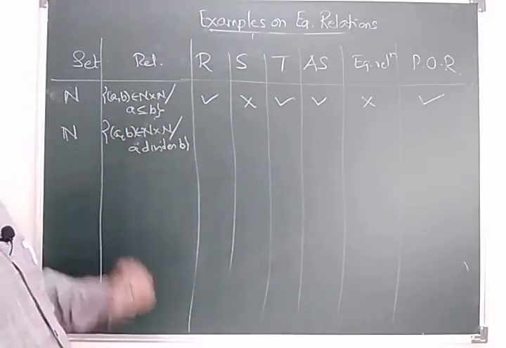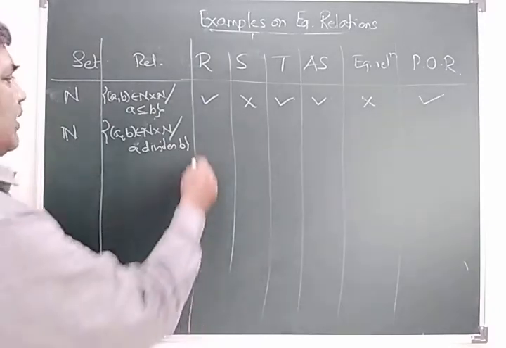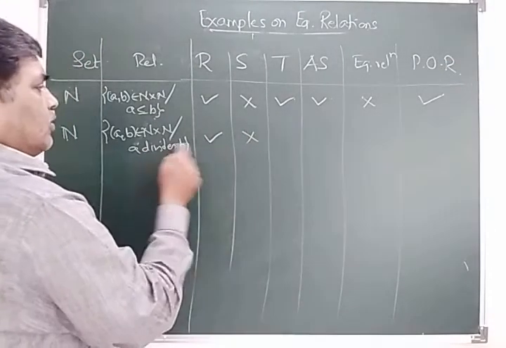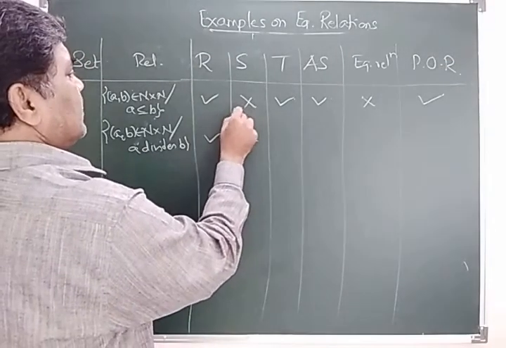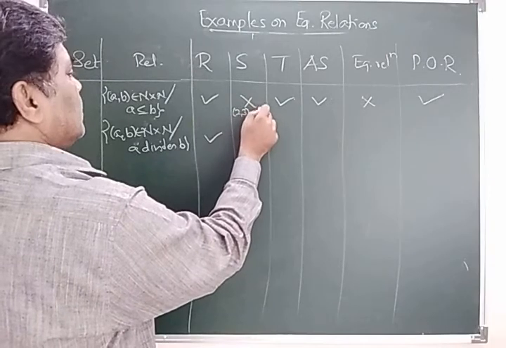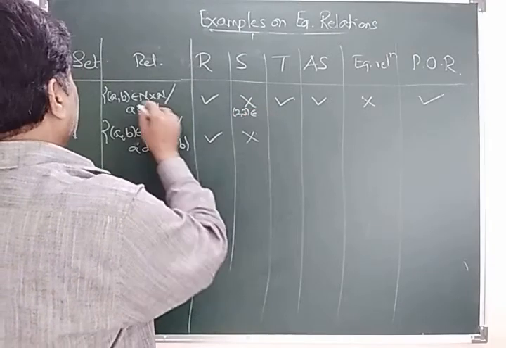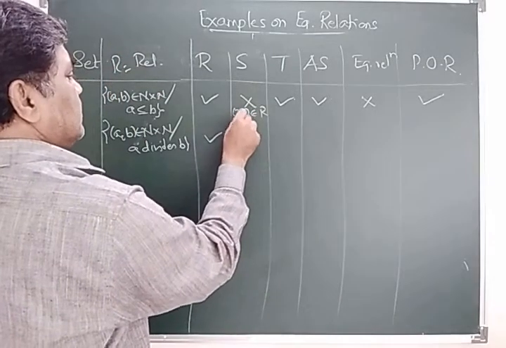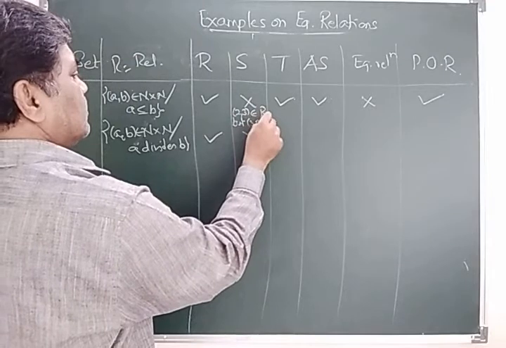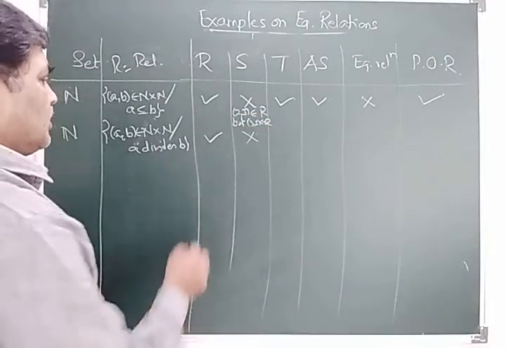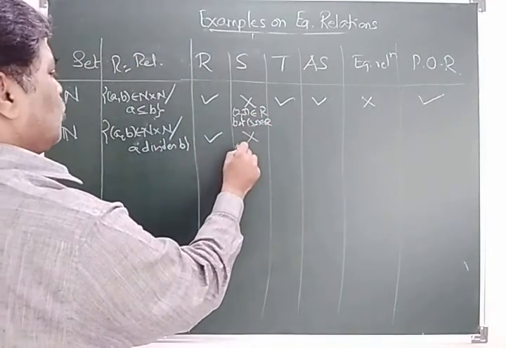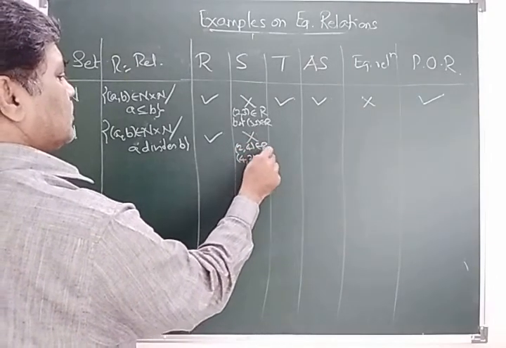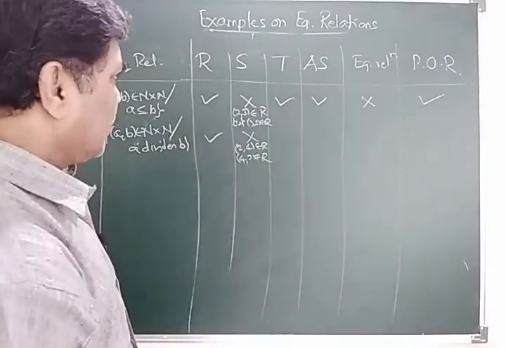Every natural number divides itself, so reflexive. Symmetry? Here (2, 4) belongs to R, but (4, 2) doesn't belong to R. So it is not symmetric.